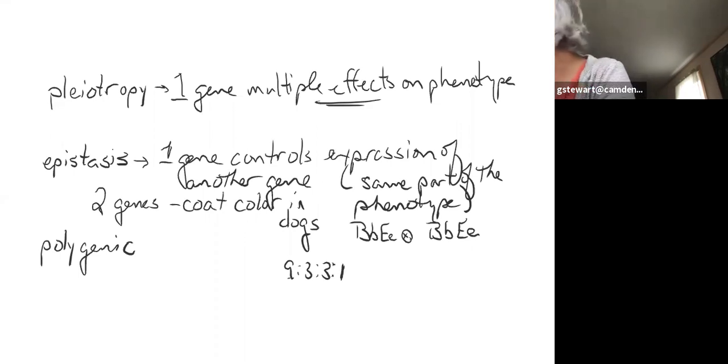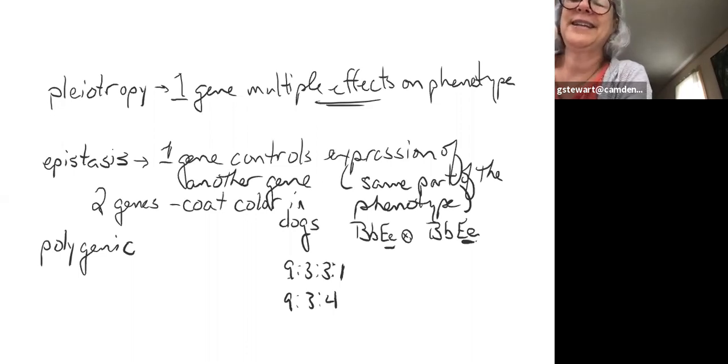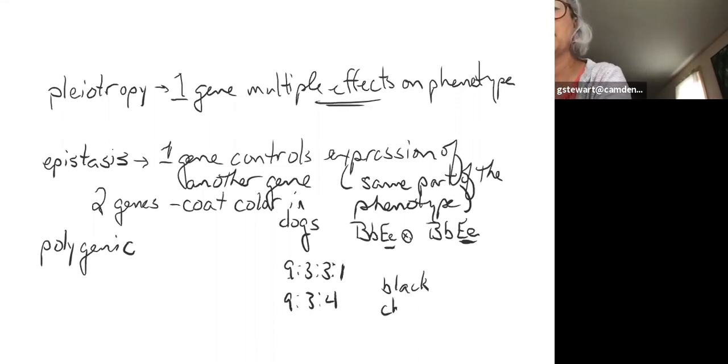But it turns out that you end up with 9 to 3 to 4. And that's because one of these genes, the E gene, controls whether or not the B gene gets deposited in the hair of the animal. So we end up with 9 black dogs, 3 chocolate dogs, so 3 brown dogs, and 4 yellow ones.